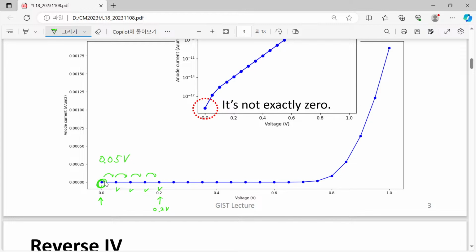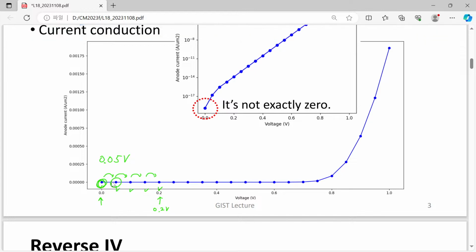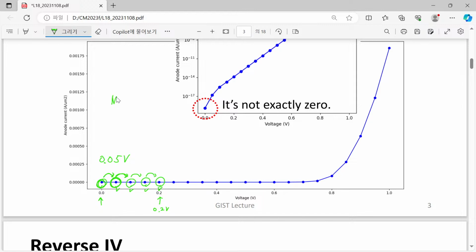Starting from this equilibrium solution, we first try to solve the condition where the anode voltage is just 50 millivolt. After that is successfully done, we move to the next bias point, and the next. I know that you have already done such bias ramping for your previous homework on the MOS system.